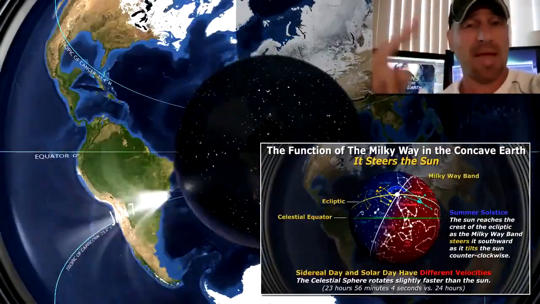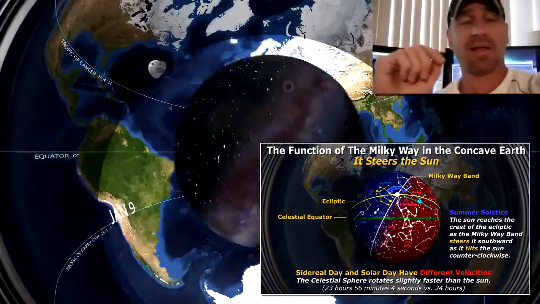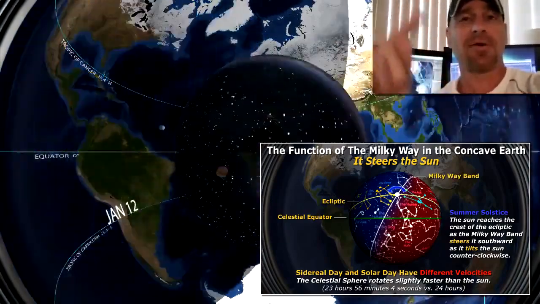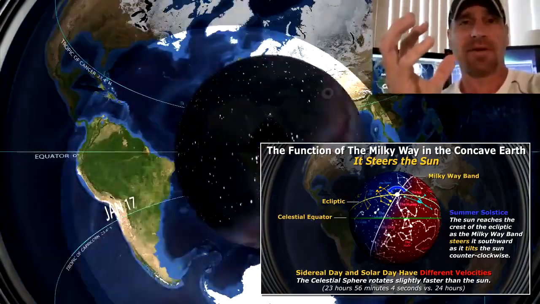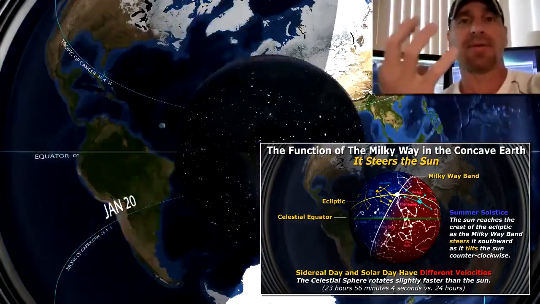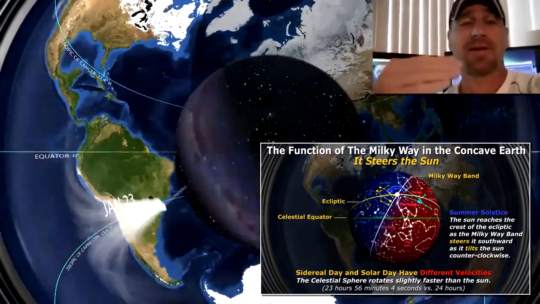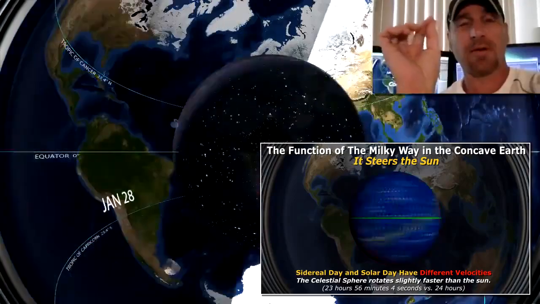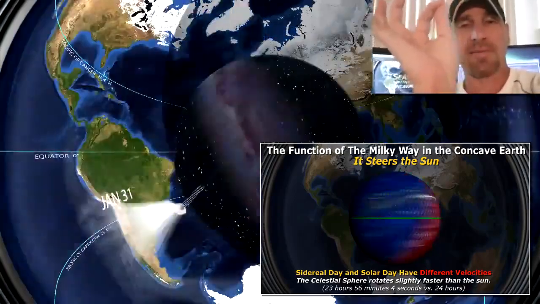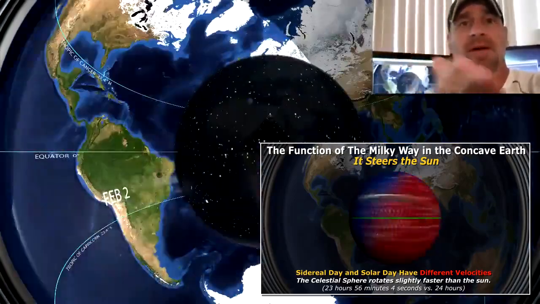The Milky Way band, it's a band, it's not a spiral galaxy. It's actually a literal band that separates the celestial sphere into two different hemispheres, two different magnetically influenced hemispheres that actually steer the sun. So the Milky Way band has a function. So when the sun crosses that galactic plane every 6 months, it's also exhibited by the Ulysses satellite.